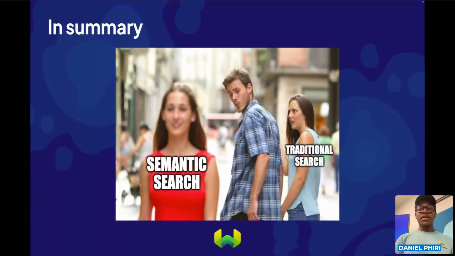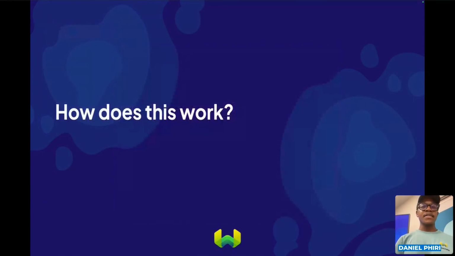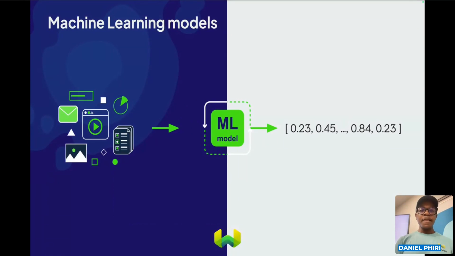And so at this point, you'd probably say, yes, I want to go for semantic search. Maybe let's get into how exactly this works, right? So this is the AI portion of the talk. It's machine learning algorithms, specifically. And so you see numbers on the left here, which are an array of numbers, which we like to call vector embeddings.